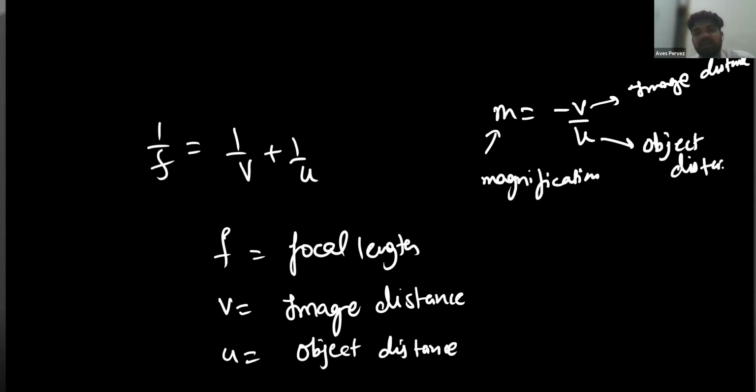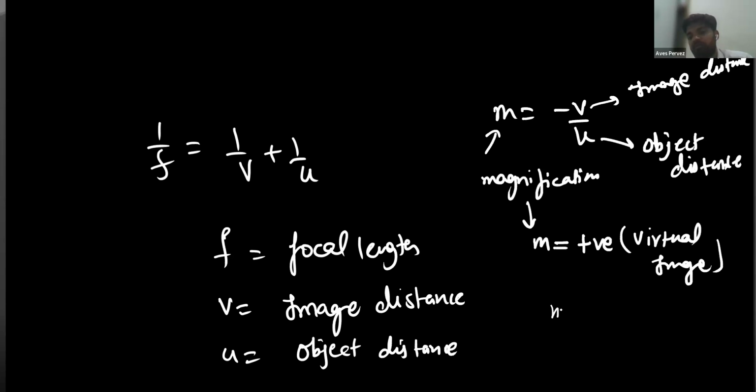In the previous class, I also discussed that the magnification m is taken as positive for a virtual image and negative for a real image. Understood, everybody? Amar, Abir, Ashish? Yes, sir. Okay, please note it down.